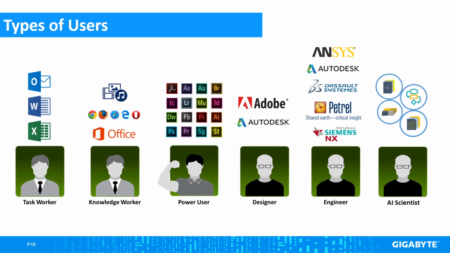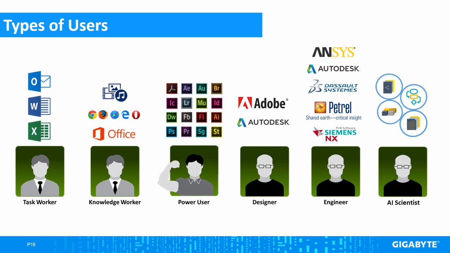Going from left to right, the level of computation complexity increases, as does graphics acceleration usage, and the number of virtual machines typically decreases from left to right. So the users. Above each user, there are some applications they may use. Task workers handle basic tasks and don't need graphics acceleration.